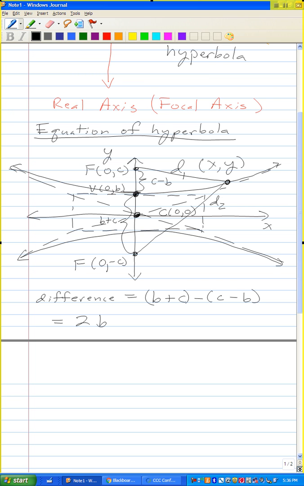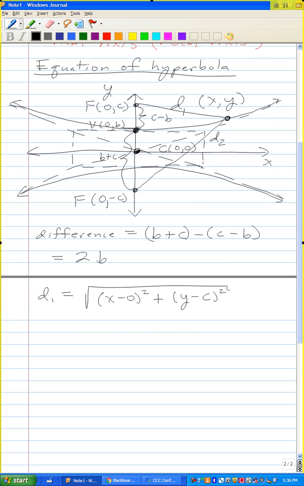Okay, so let's figure out the distance here. From the point (x, y) to the point (0, b), d1 is the square root of x minus 0 squared plus y minus c squared.